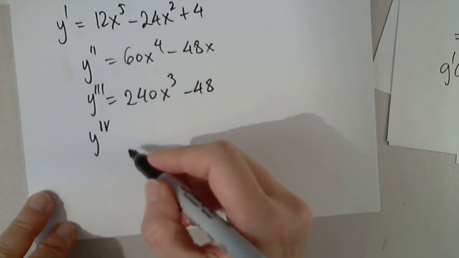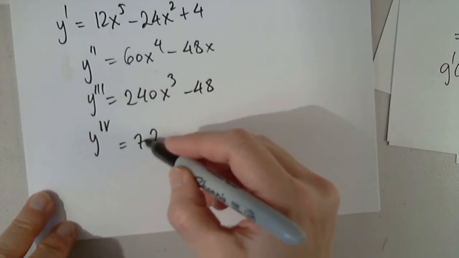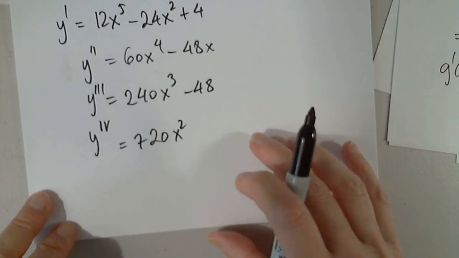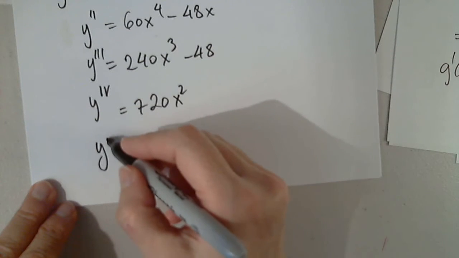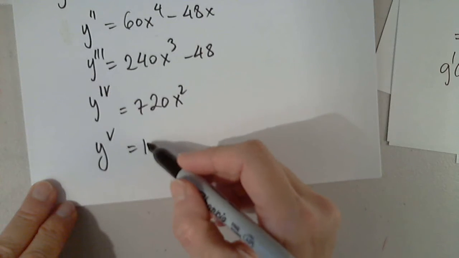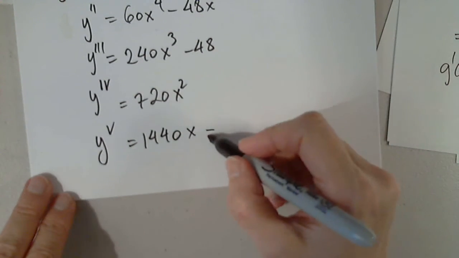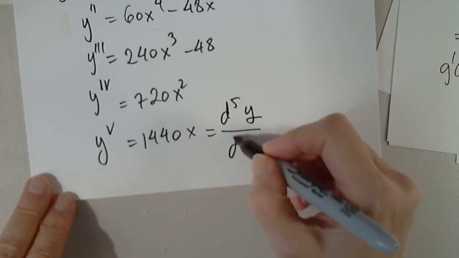The fourth derivative will be 720x squared. And finally, the fifth will be 1440x. And this is the same as d5y over dx5.